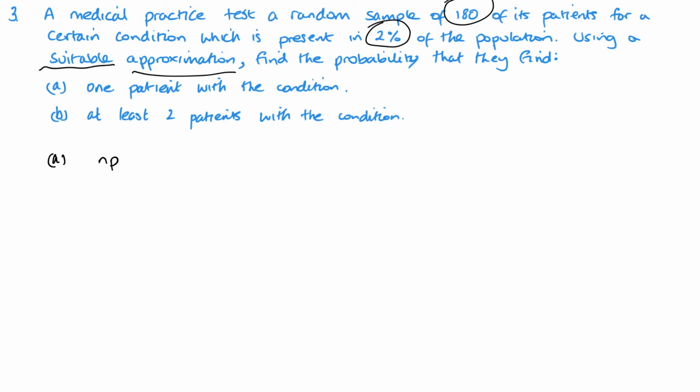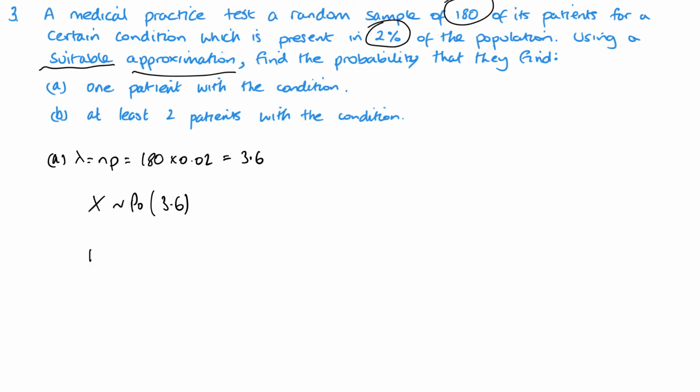So my np, which is my lambda, is going to be 180 times 0.02, which is 3.6. So in terms of my distribution, we are now looking at Poisson 3.6. That is obviously for the approximation.